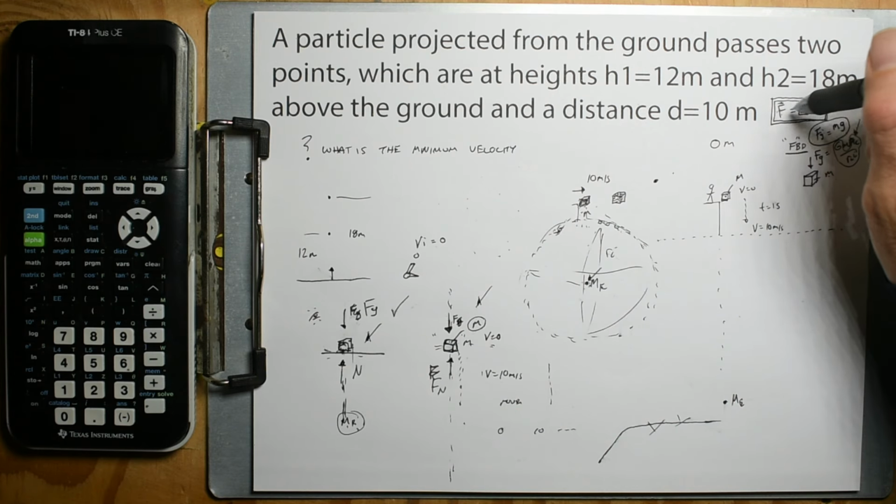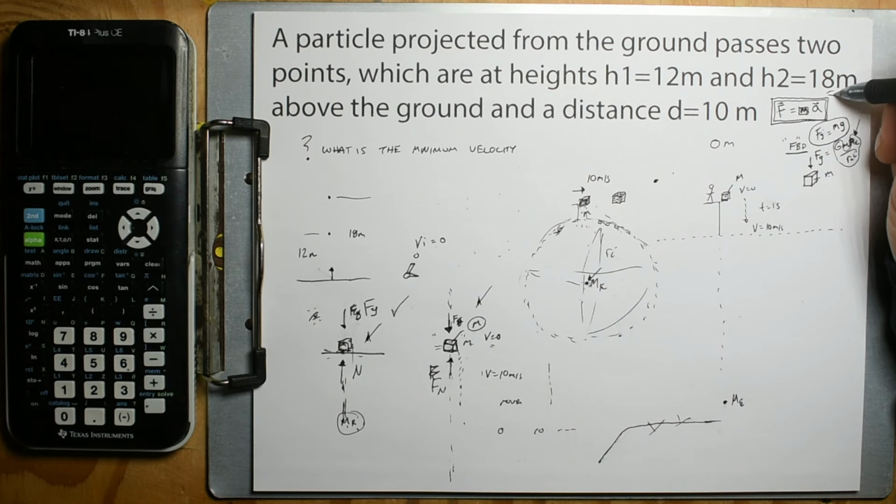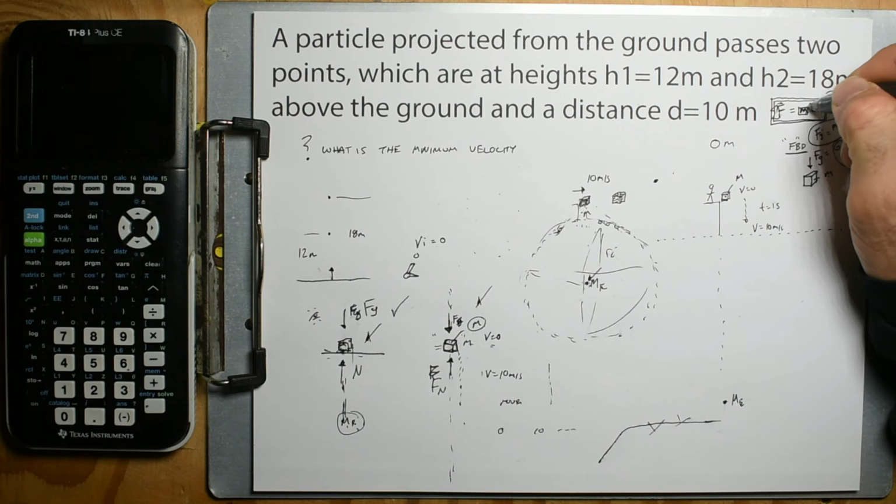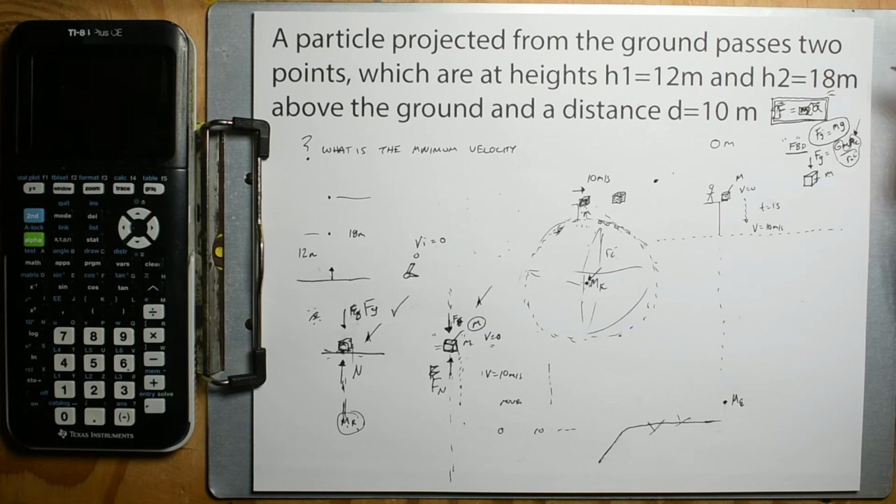So if there's a force on this mass, we will see a change in velocity. We will see an acceleration. And this is going to be a summation of forces, and this could be a summation of accelerations.